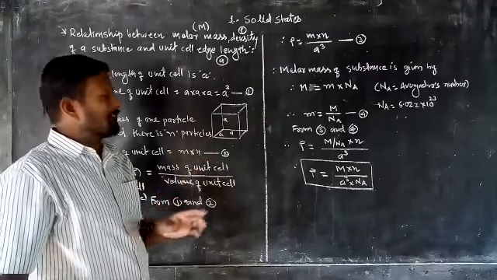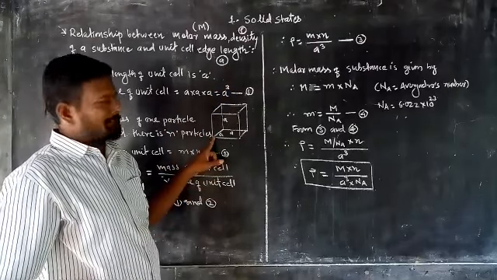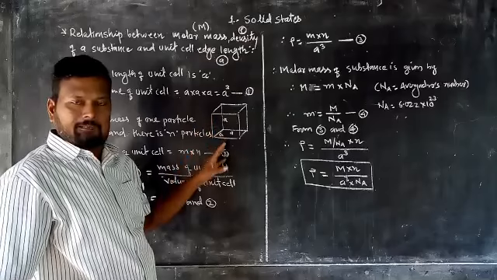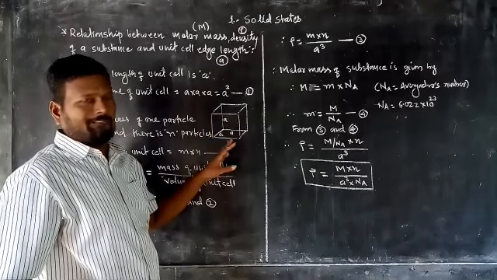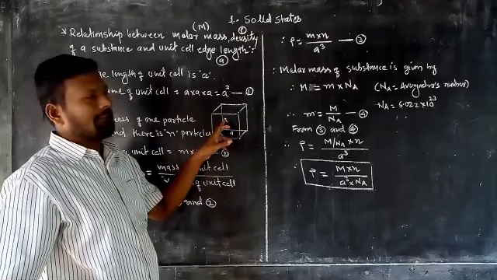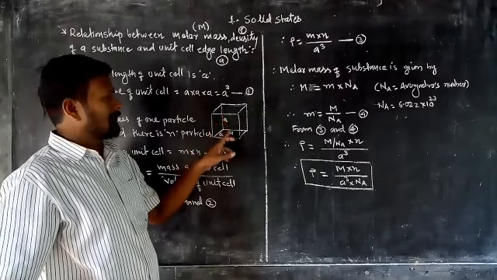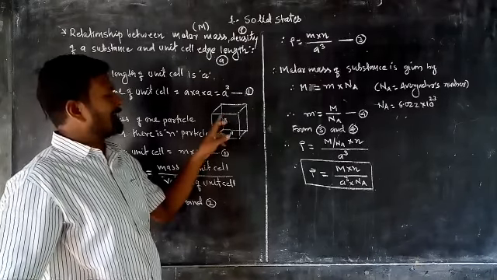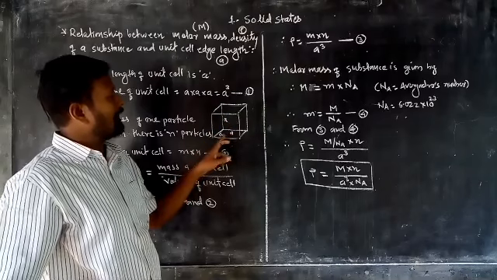Edge length means this is the cubic structure having length, breadth and height. But in a cubic system a is equal to b is equal to c, so hence we can denote it as a and a.